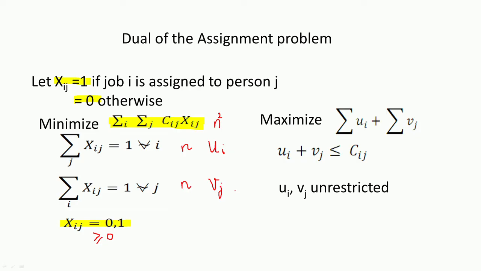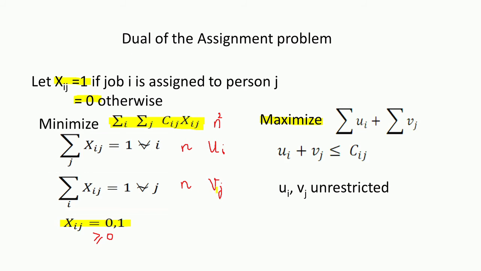Now, the objective function of the dual is a maximization problem because the primal is a minimization problem. The objective function is the right hand side of the primal. So, 1 into ui plus 1 into vj. So, maximize sigma ui plus sigma vj.